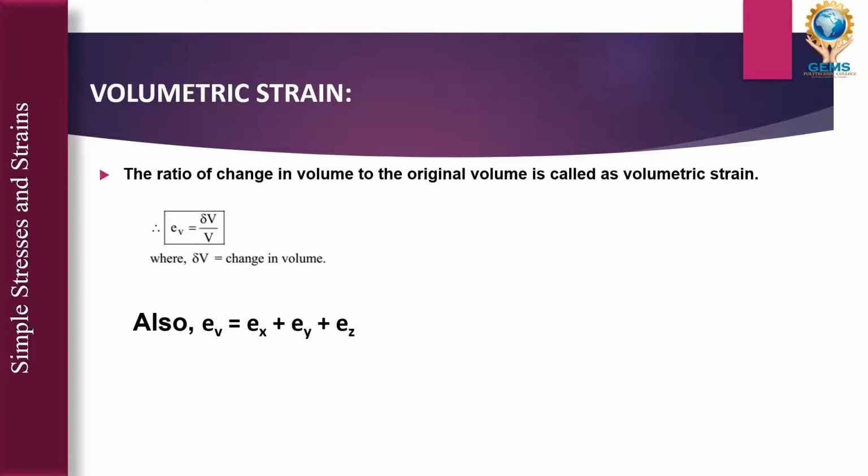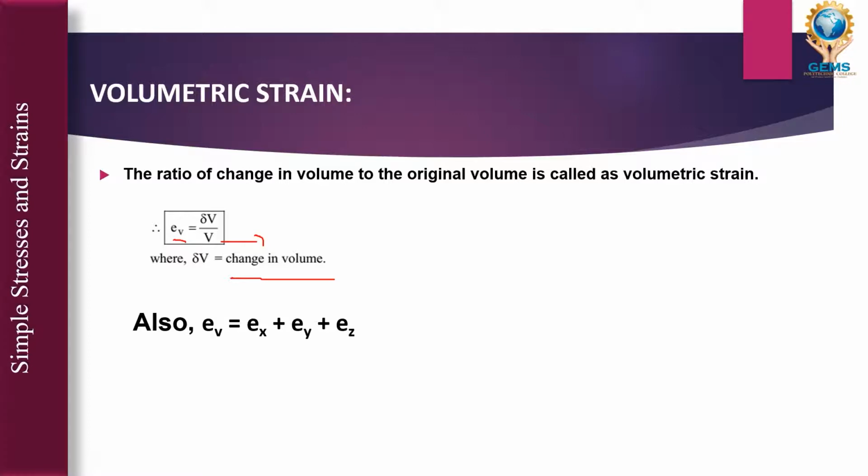That means the formula will be: EV is equal to del V divided by V, where del V is the change in volume, V is the original volume, and EV is known as volumetric strain.